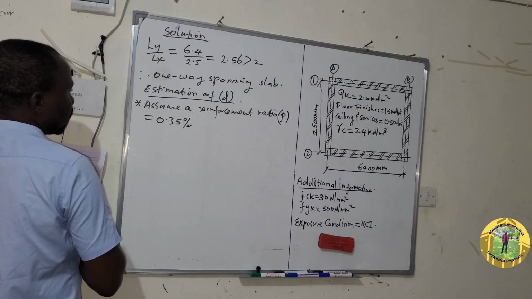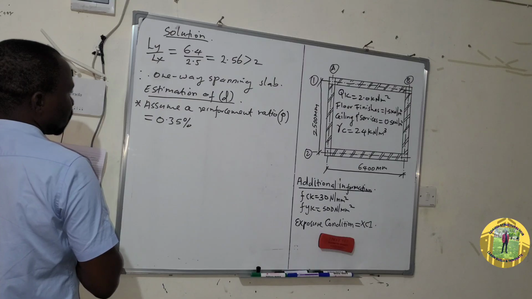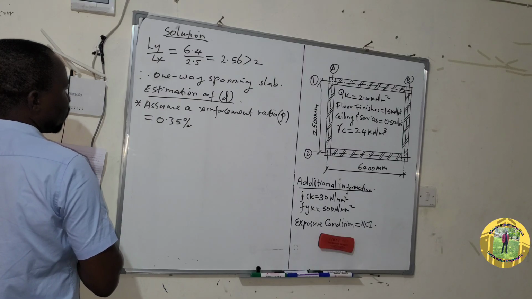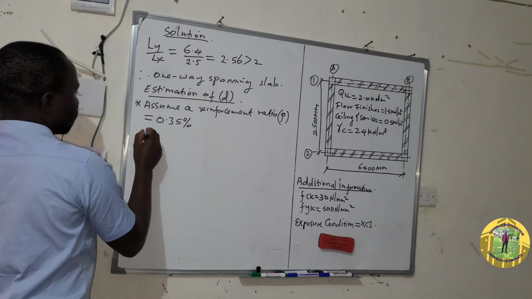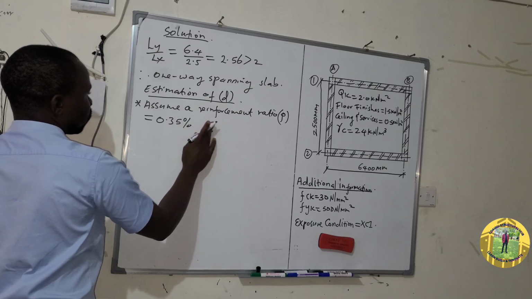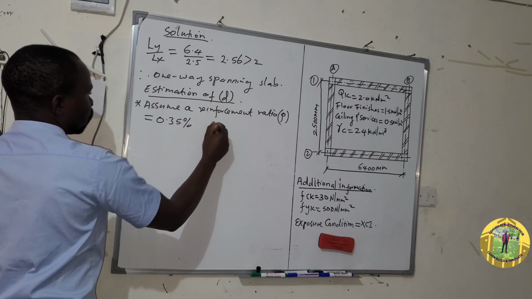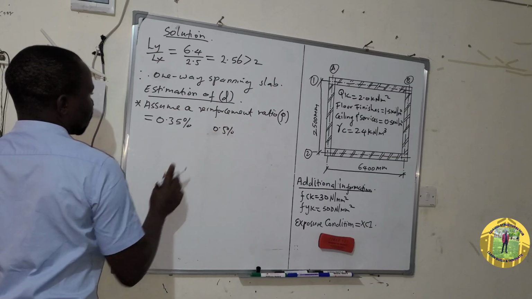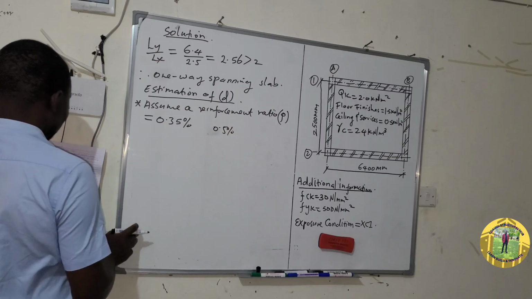For a lightly reinforced concrete, the ratio must be less than 0.5%, so it must be below this one.